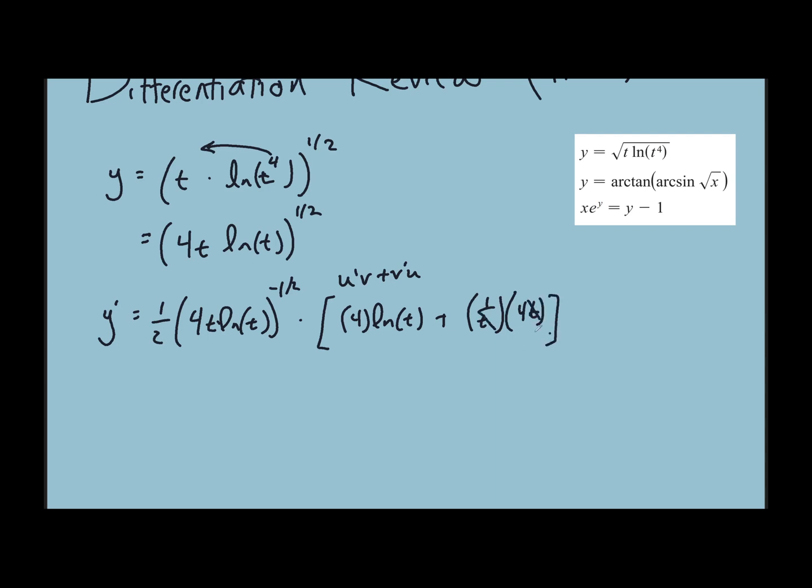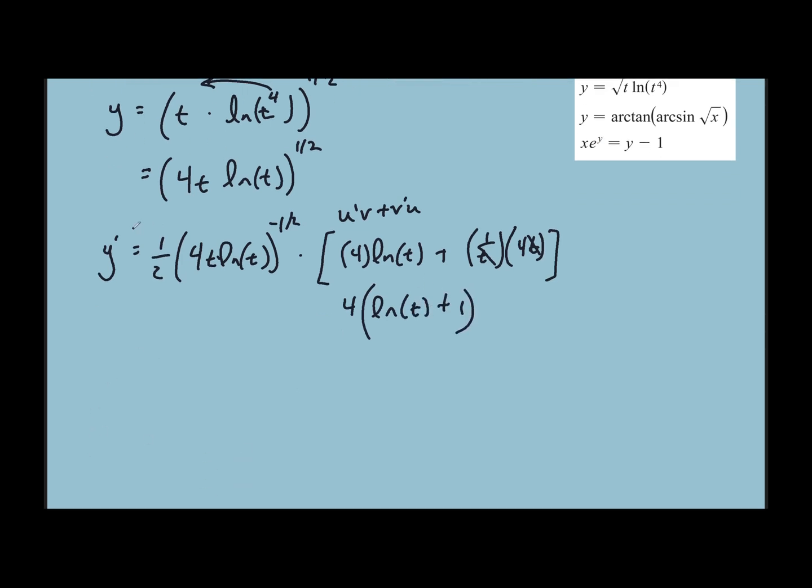This is going to go away. There's a 4 in both of these, so I think what we'll do is we'll write it as 4 ln of t plus 1, like that. And this guy on the left here can be rewritten back into his square root form so he can look scary to non-math people. That'd be 2 root, but there's a 4 here and a 2 here, so I'm just going to take them out now.